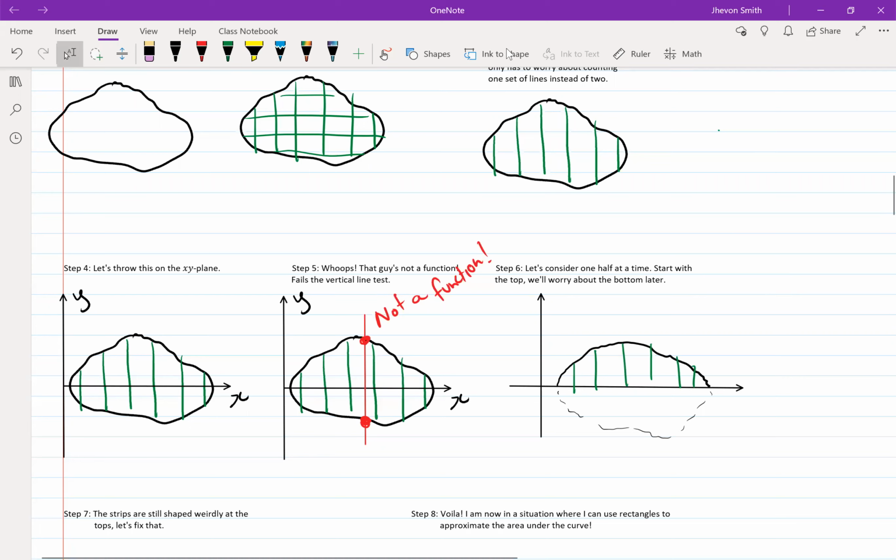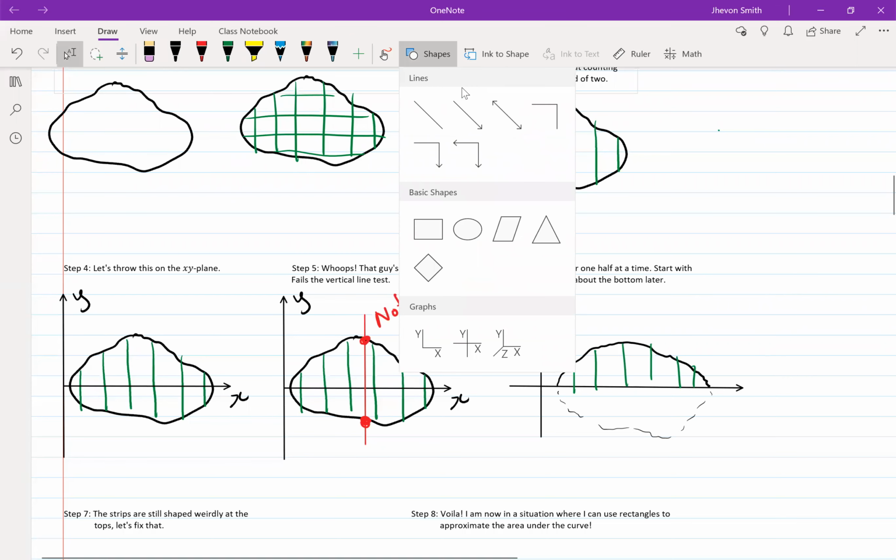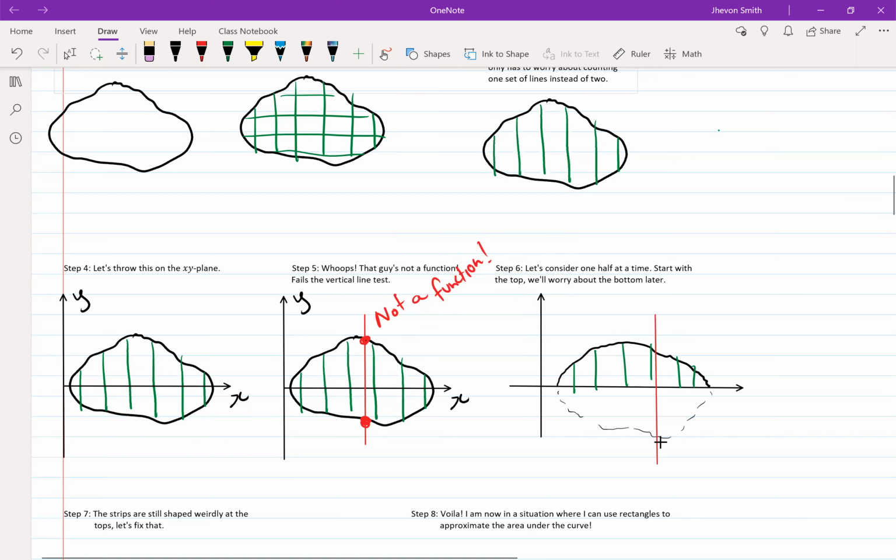Why? Because now that passes the vertical line test. A vertical line will only touch this once.